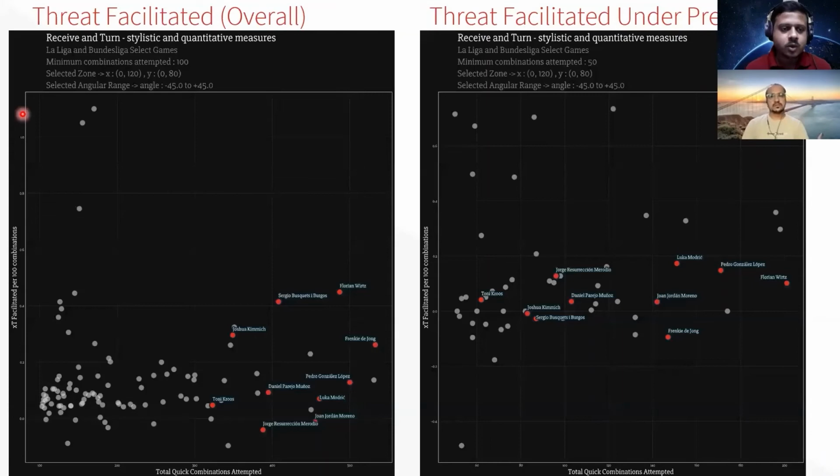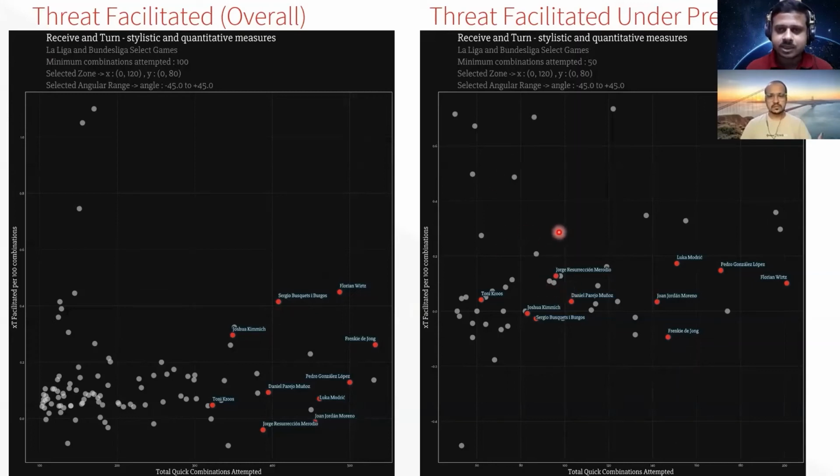And once again, we can look at threat facilitated per 100 combinations for all of these players. And once again, these players are doing really well. Sergio Busquets is someone who usually invites pressure and then plays onto someone else to create. He's not the main creator necessarily. He will allow other players to create by playing defense splitting passes.